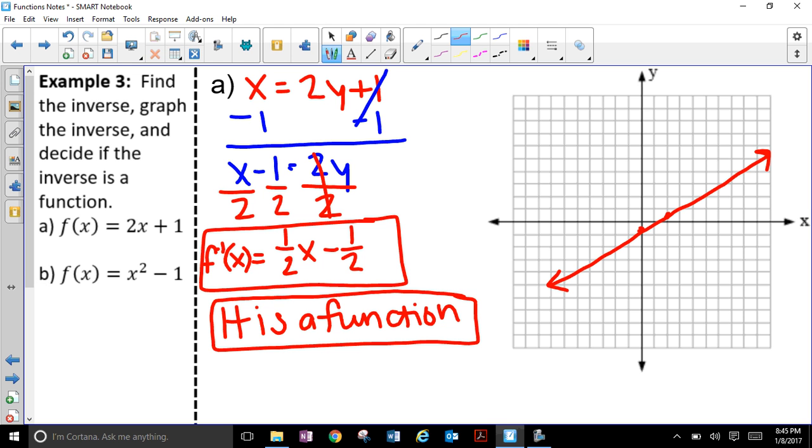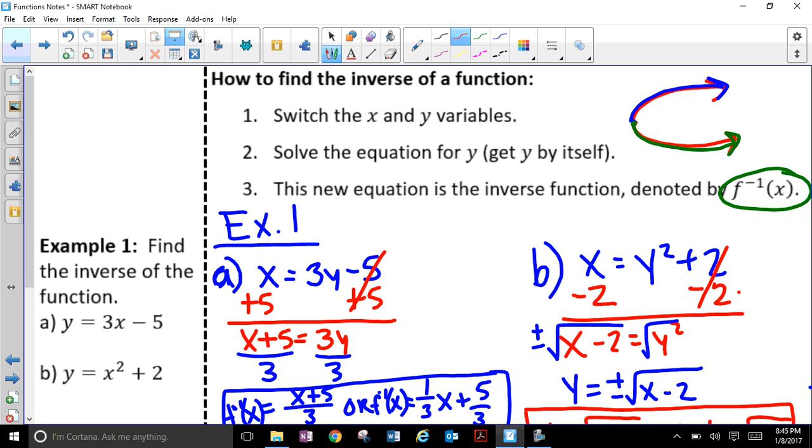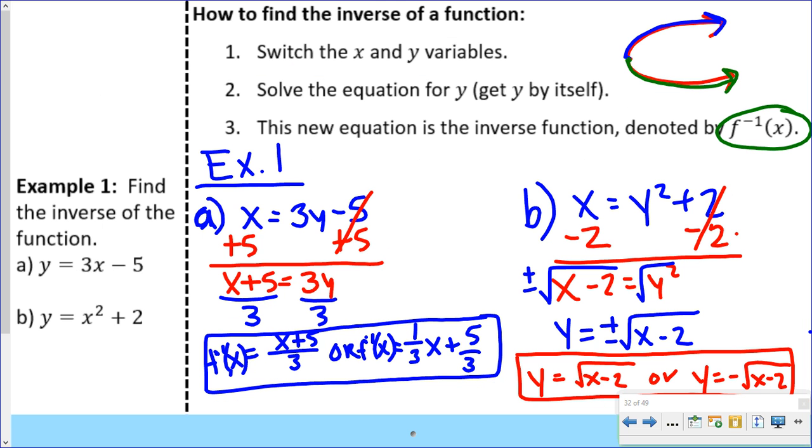If it's not a function, then we would just leave it as y equals, like we did on that problem over here, where we left it as y equals this or y equals this. So we didn't actually use the inverse function because these together, notice it was a sideways parabola, so this would not pass the vertical line test.